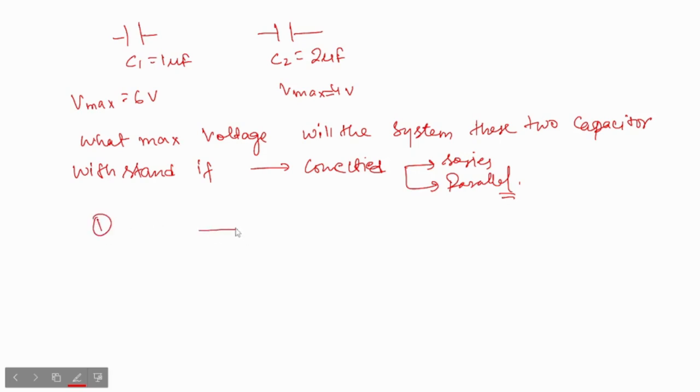Let's say they are connected in series. C1 is given as 1 microfarad, and this is given as 2 microfarad. The potential V1 is actually 6 kilovolt.